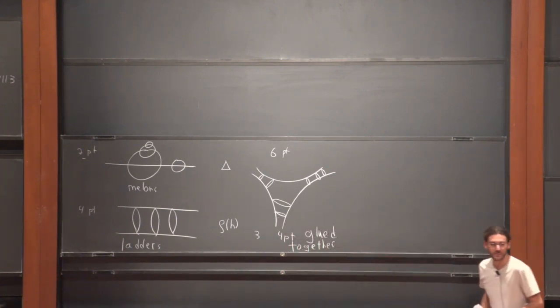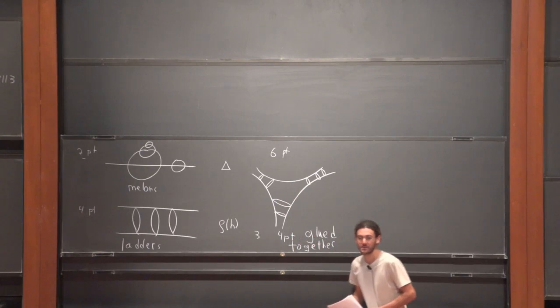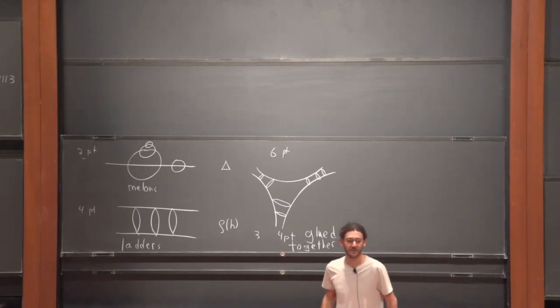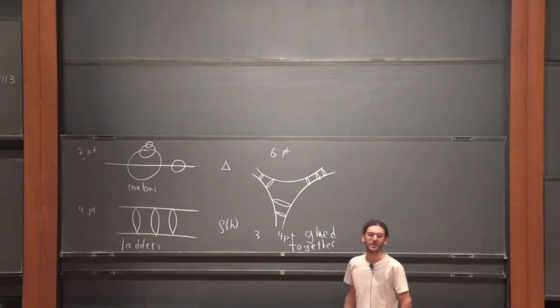So that's the six-point function. By glued together, I mean one takes four-point functions and evaluates these integrals, and this gives the six-point function. Yes? There's another way to do that. That's right. There's another way. There's another class of diagrams which I'm not drawing, indeed.